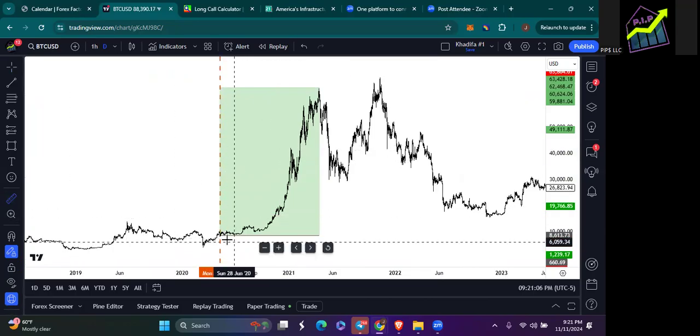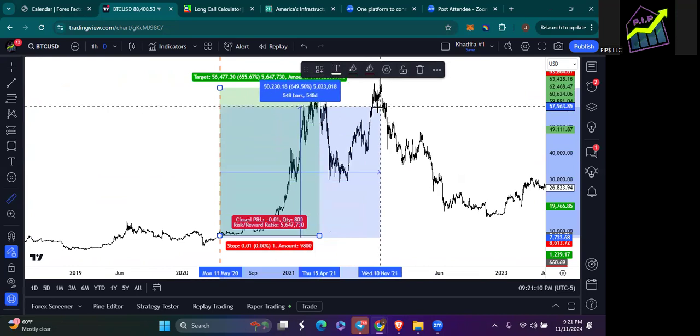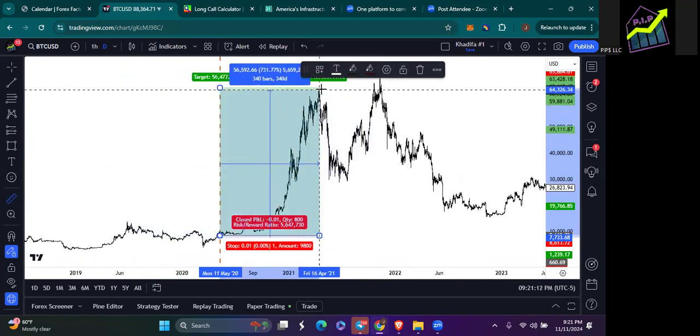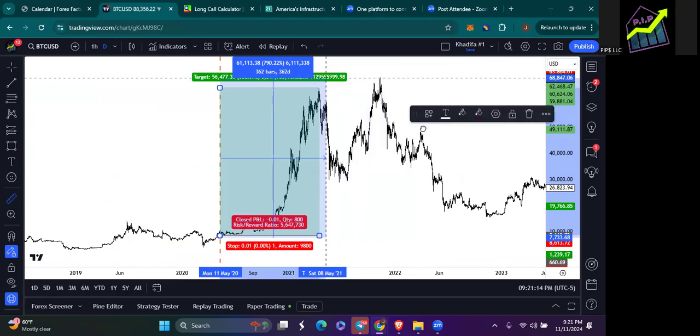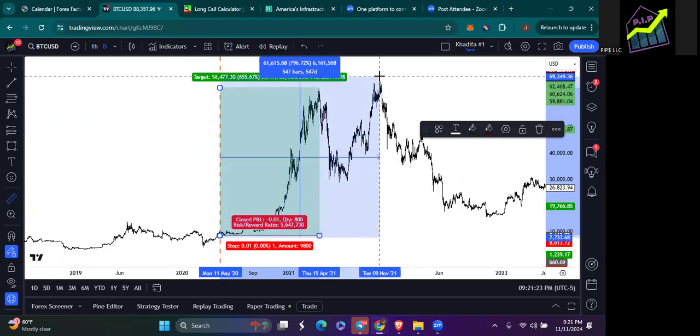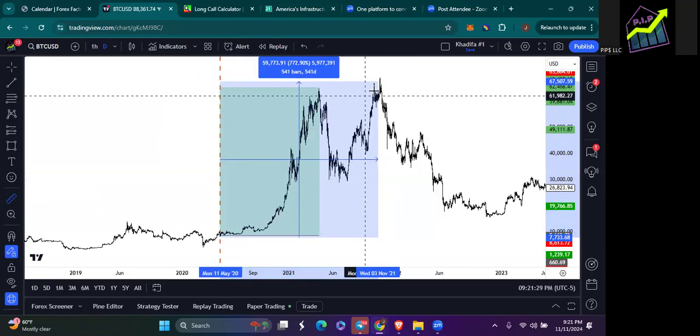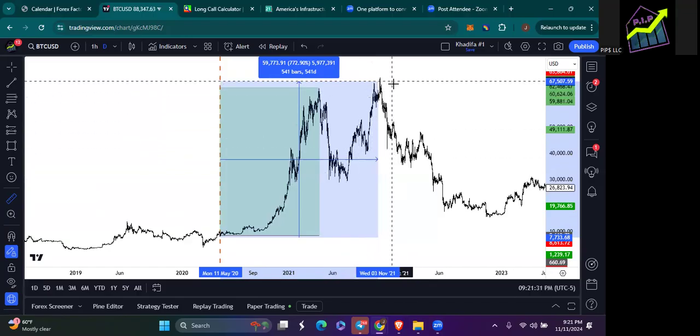Third halving, 2020. Let's just use this one since this was the one I measured. Took about a year. Even if we use this one, that took about a year and a half.